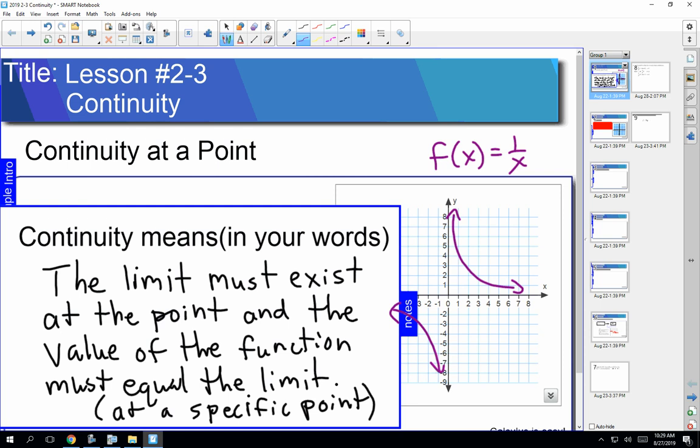And we would say that the type of discontinuity it has is a vertical asymptote. There are some different types of discontinuities we've seen. One of them is a vertical asymptote. We'll talk about the others in a little bit. That is the definition of continuity. The limit must exist at the point, and the value of the function must equal the limit at a specific point.